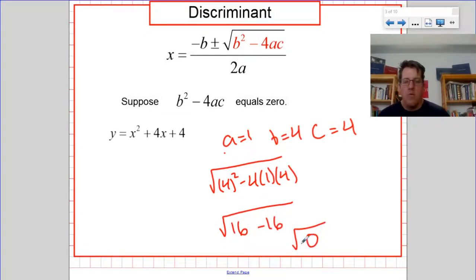That's 0. Well, if I take the square root of 0, I get 0, and adding 0 and subtracting 0 makes no difference. Those are the same thing. So each one of your solutions, even though you're going to do that twice, each one is going to be the same. So when the discriminant is 0, we're going to say that there is 1 distinct real solution.